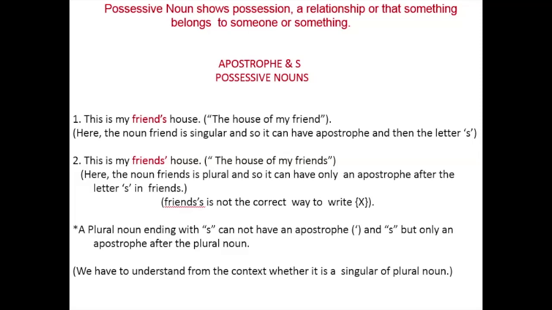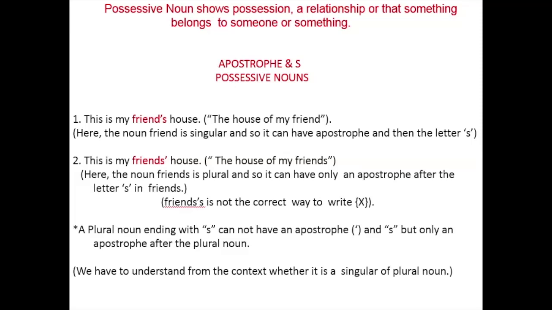Apostrophe and S in the possessive noun again. There are two sentences given here. This is my friend's house. The highlighted word friend's tells you that the house belongs to your friend. Here the noun friend is singular, and so it can have apostrophe and then the letter S.